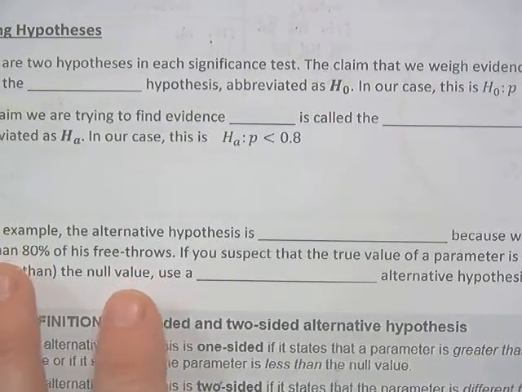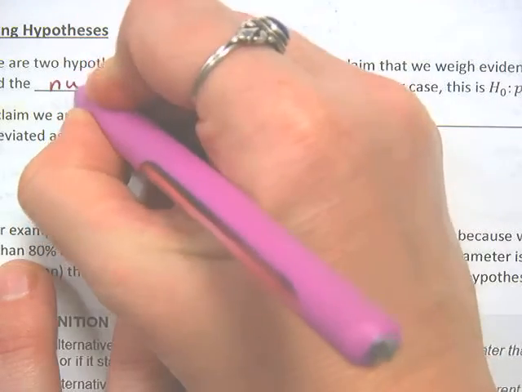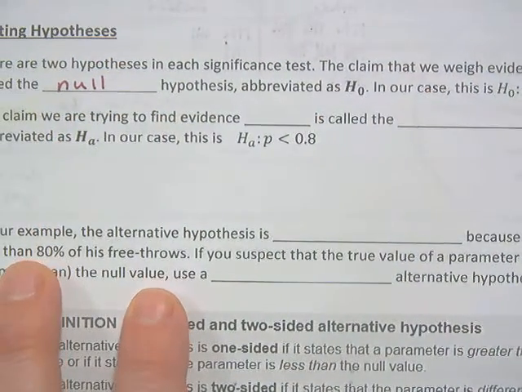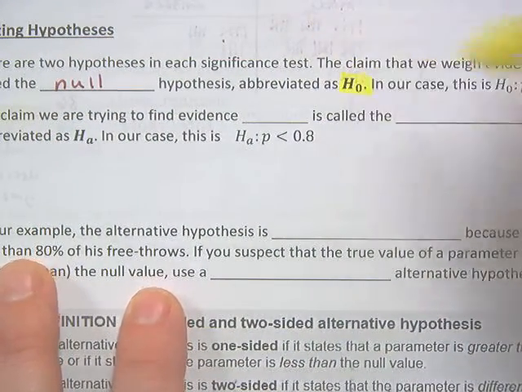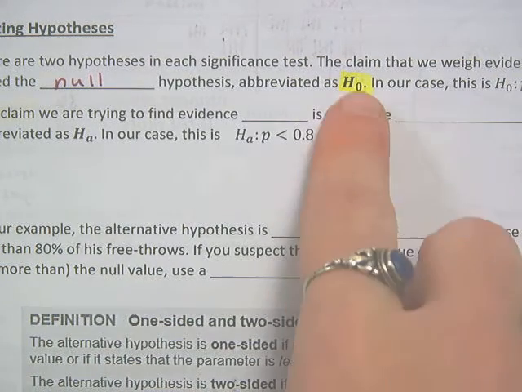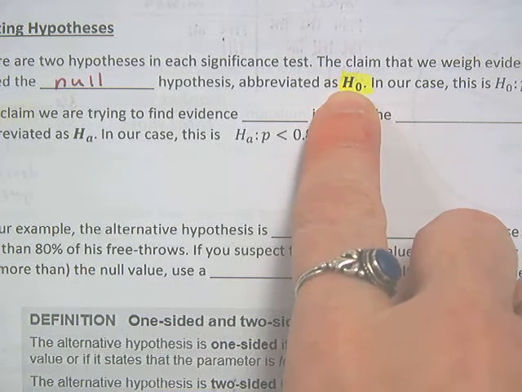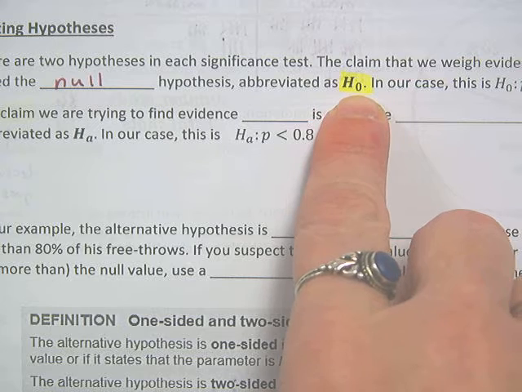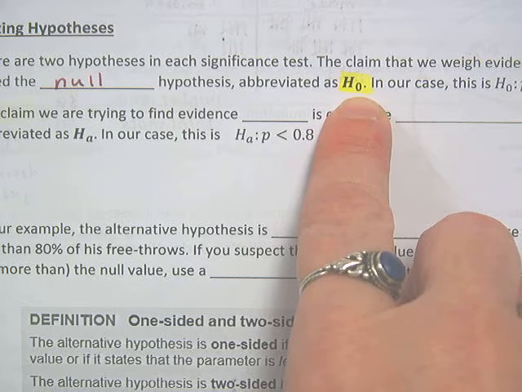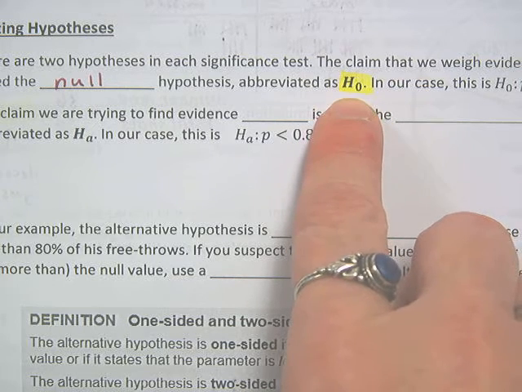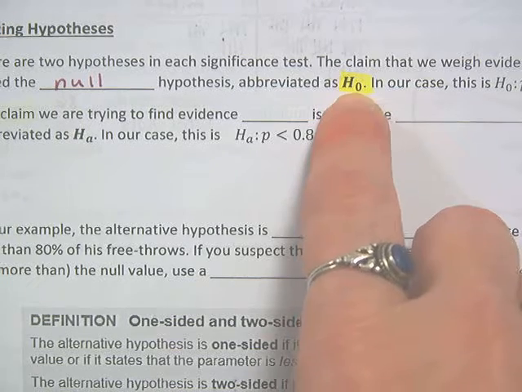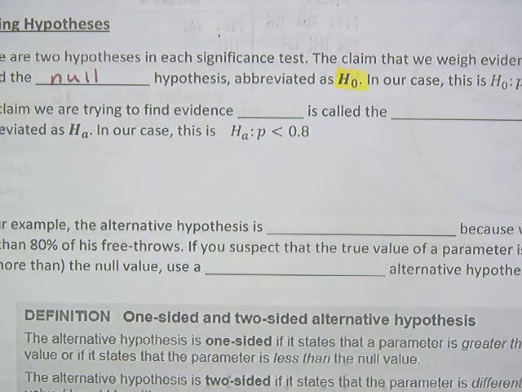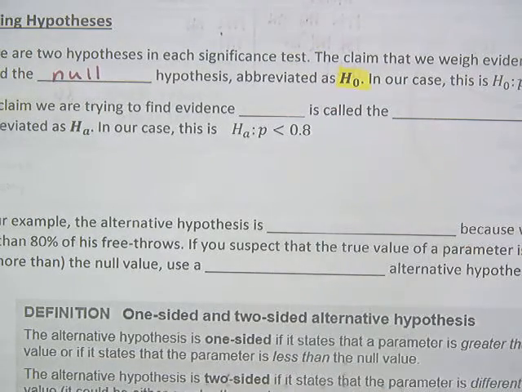That's called the null, N-U-L-L, hypothesis. And the symbol for null hypothesis is a capital H with a little sub 0. H sub 0. Yes, it says ho. And everybody thinks it's funny. Okay? That's a null hypothesis. 0 is technically the symbol for null.